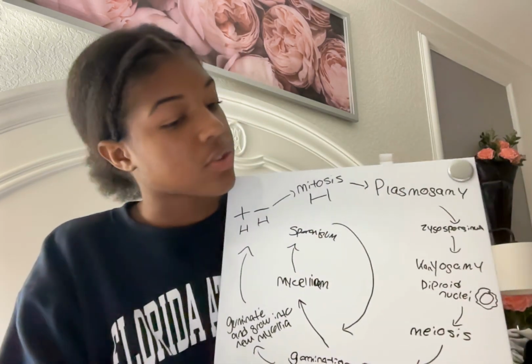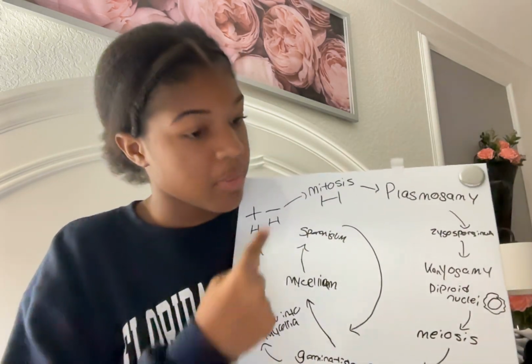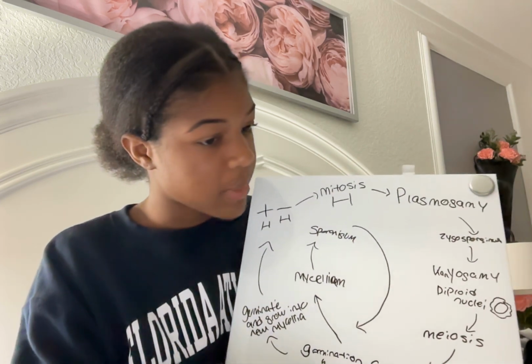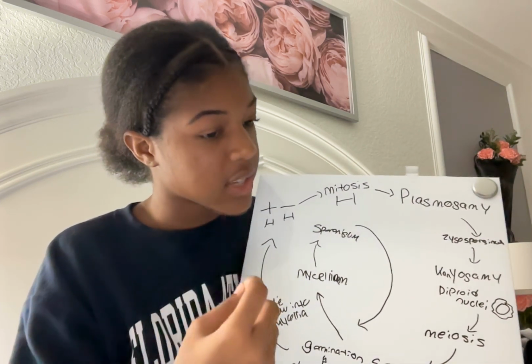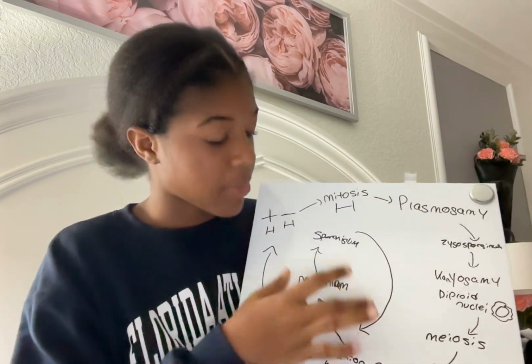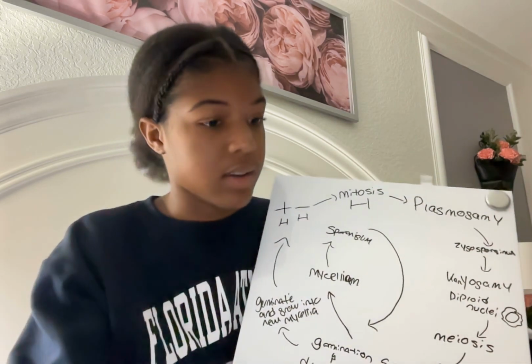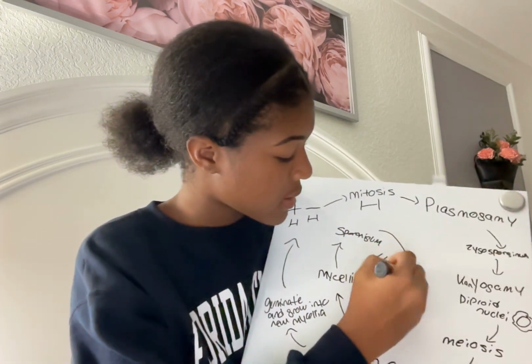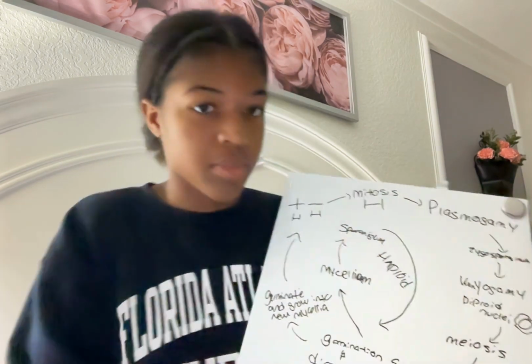And then for asexual, the mycelia can reproduce asexually by forming a sporangia that produces genetically identical haploid spores. For asexual, it's haploid.